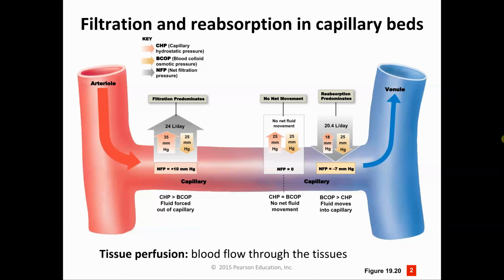Okay. So then if we increase CHP and keep VCOP the same, so let's say CHP is 50. What's going to happen?